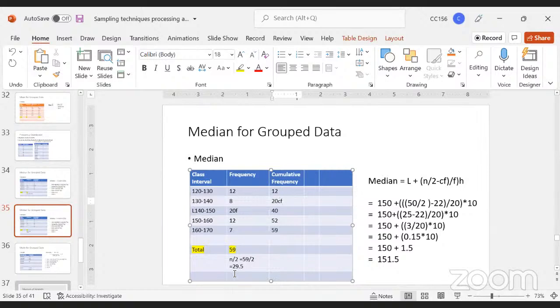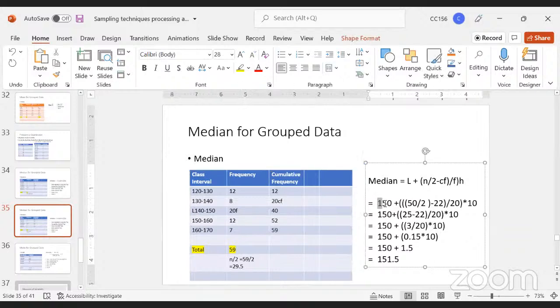Now we have the data, cumulative frequency, sum of the frequency, and lower boundary. Everything is available, so you just substitute in the formula given. L is 140 plus 59 by 2 minus CF, which is 20, by F, which is 20 again, into 10.